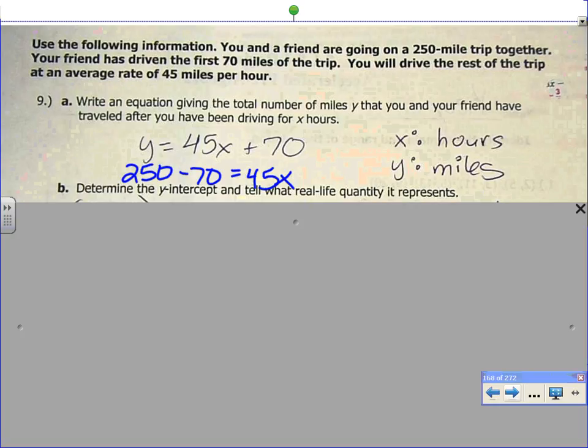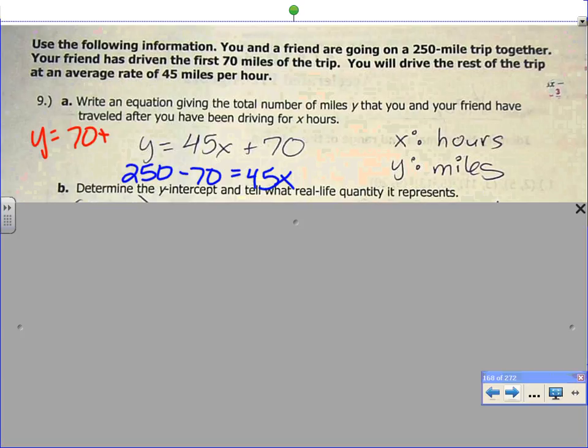So when you're looking at this, the total number of miles is y, so that's where I would put y equals. That's automatically what I would put, because I have a total. So the total y equals something. And you have already traveled 70 miles. So I know that no matter what I do, I'm going to be adding 70 on to whatever else I drive, because I already did that.